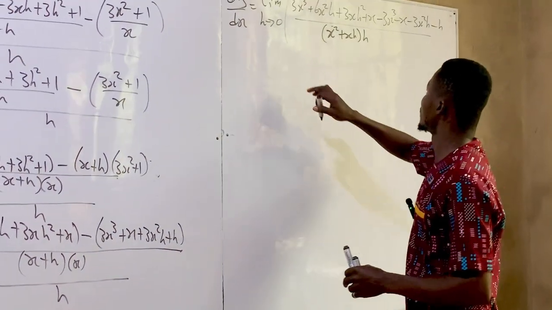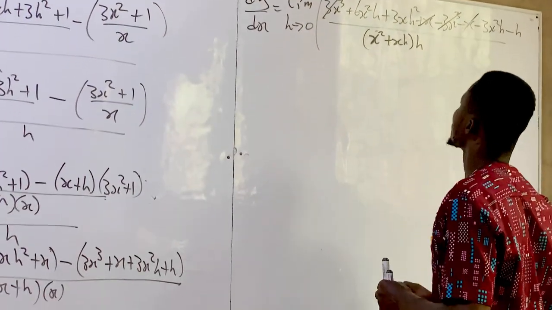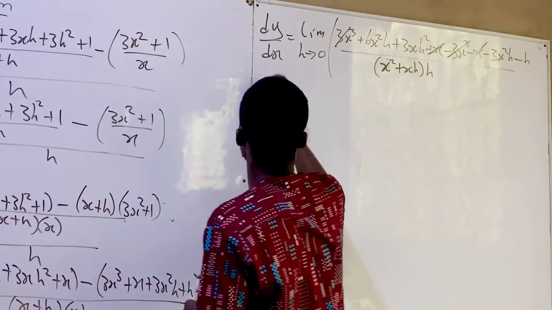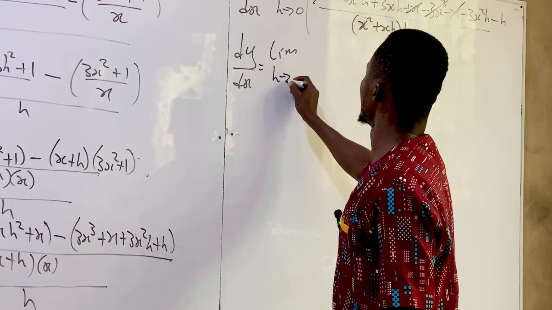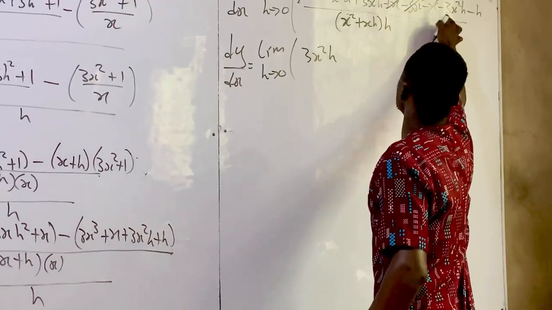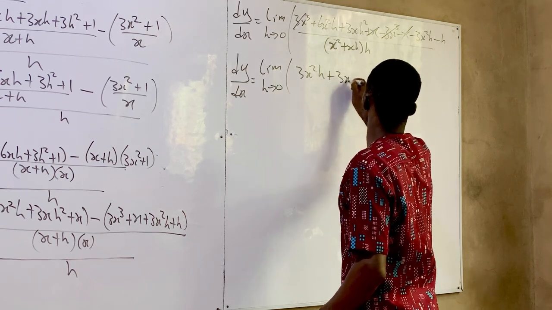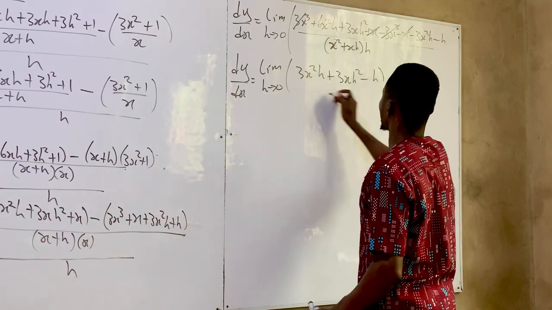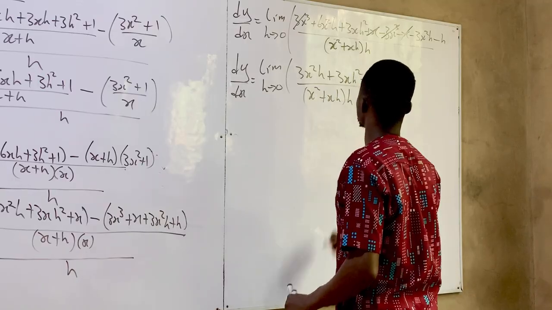So we can say that we have like terms, so this will cancel this, this x also cancels this, so we have 3xh squared minus this, minus h. So our dy over dx as the limit h approaches 0 will be 3x squared h, this minus this will give us 3x squared h, plus 3xh squared, minus h, all over (x squared plus xh) multiplied by h.